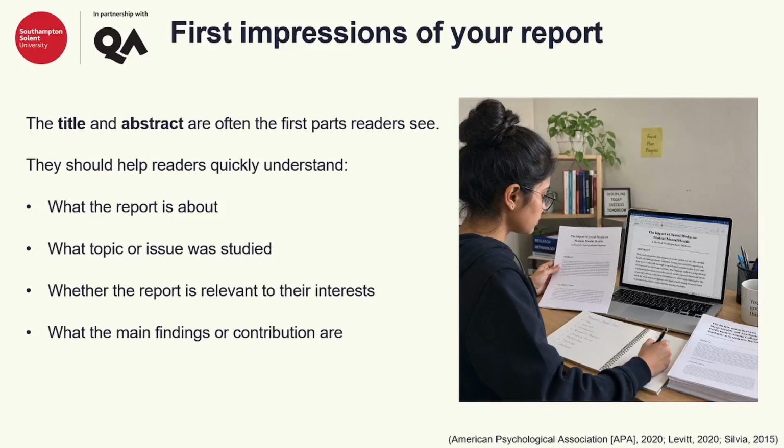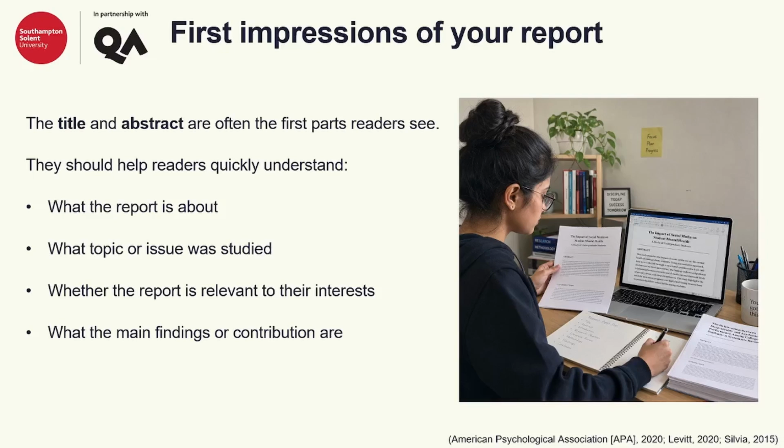The title provides the first indication of the research focus. It should immediately orientate the reader toward the main topic, experience, or phenomenon being investigated. The abstract then provides a short overview of the complete study.